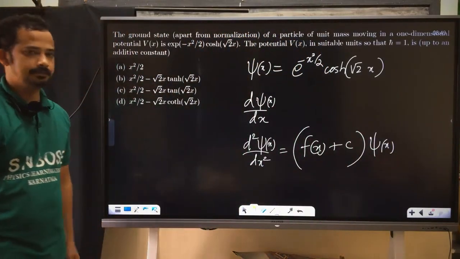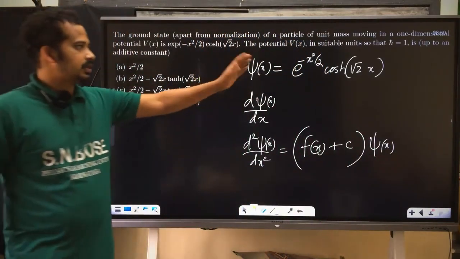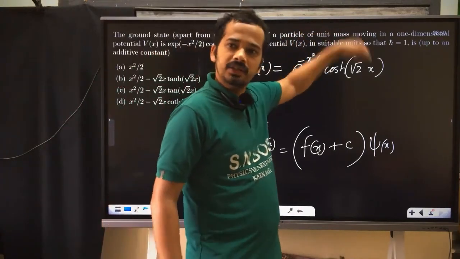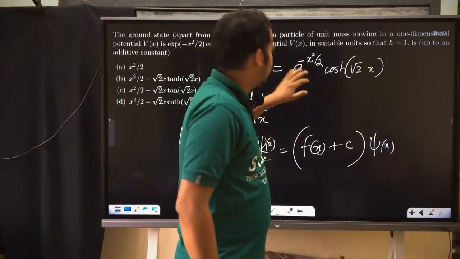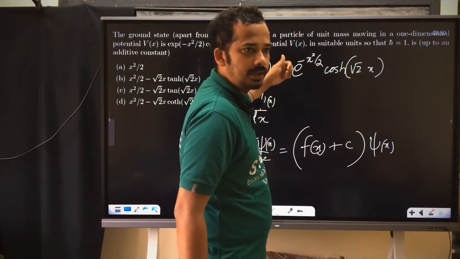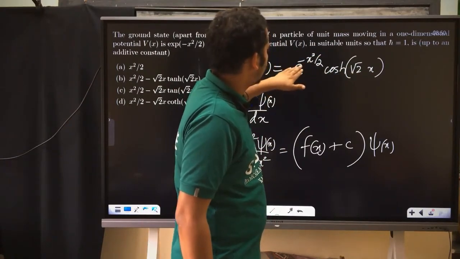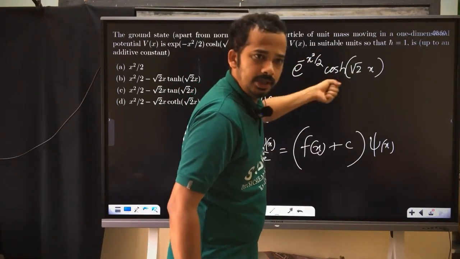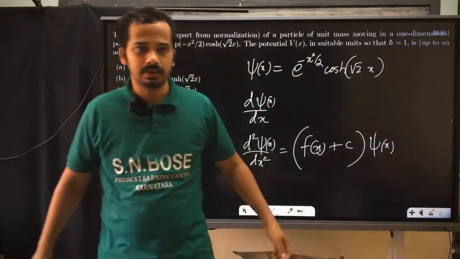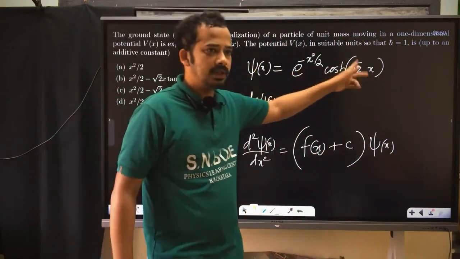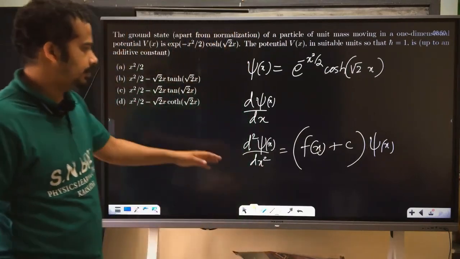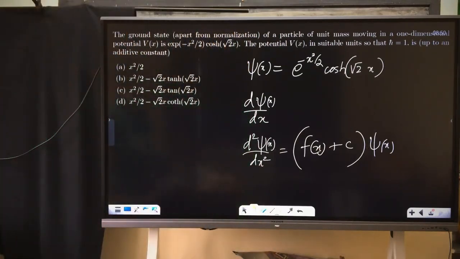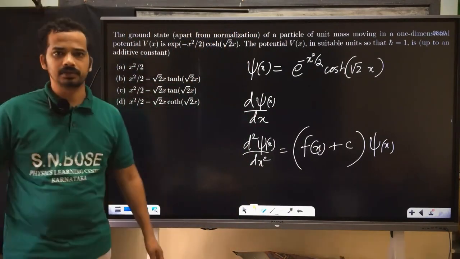It can be written because the cos hyperbolic and exponential derivatives will contain the same function. e power minus x squared by 2, after taking the derivative, maybe minus 2x by 2 may come, but still e power minus x squared by 2 will remain. Cos hyperbolic after taking a couple of derivatives gives cos hyperbolic again. That's why try to write like this and find the appropriate answer. Is that okay?